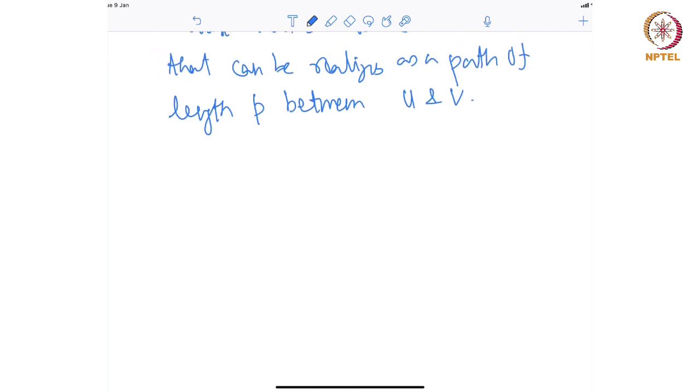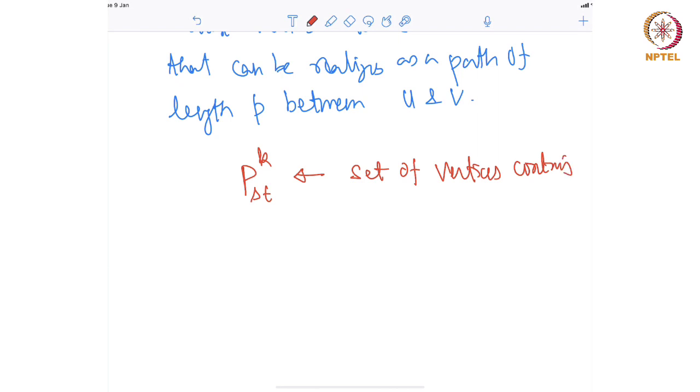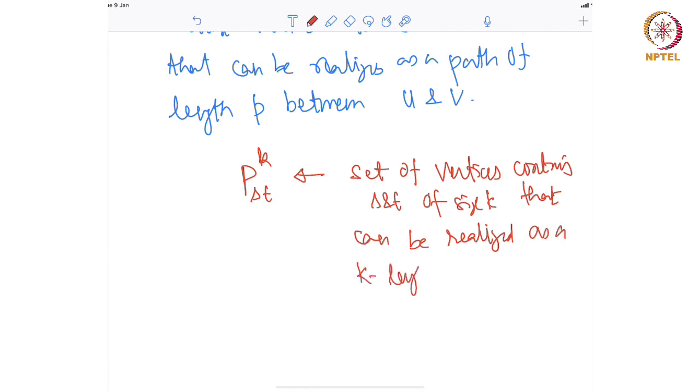So, now let us look at P_{S,T,k}. What is this? This is going to be the set of vertices containing S and T of size k that can be realized as a k length path between S and T. So, what is our question?